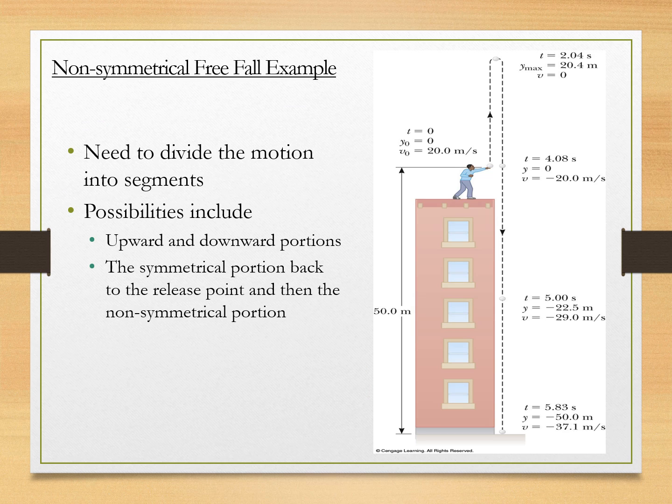If we have a non-symmetrical free fall situation, we need to divide the motion into segments. The possibilities include upward and downward portions. So, this is the situation for symmetry and this is for non-symmetry.